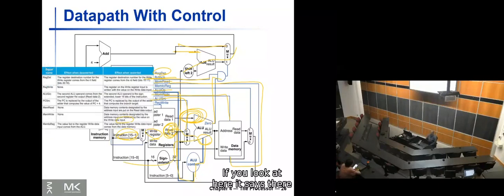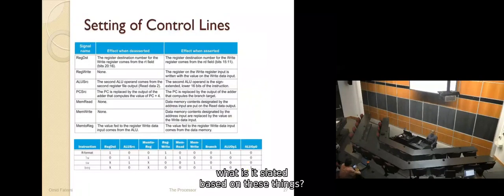If you look here, it says what each signal does when it is active, what it selects, and when it is not active, what it selects. Based on the instruction, all of the control signals will be calculated.